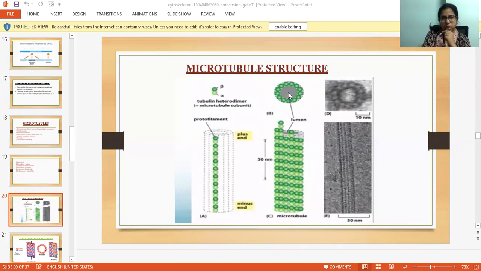This is the lumen, which is a hollow structure, and the length is 50 nanometer, and the diameter is approximately 25 nanometer, and this one is the lumen. So 13 protofilaments will be arranged like this and they will create a tube, and this is the basic structure of the microtubule.